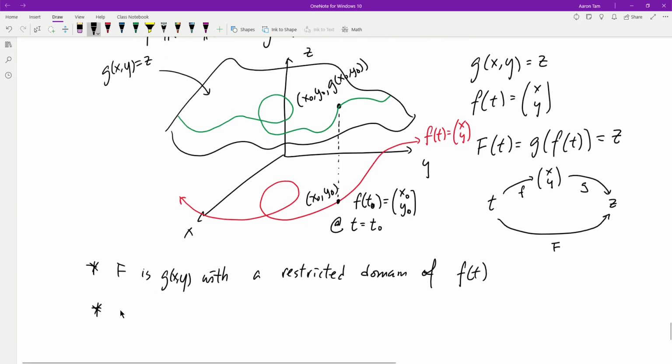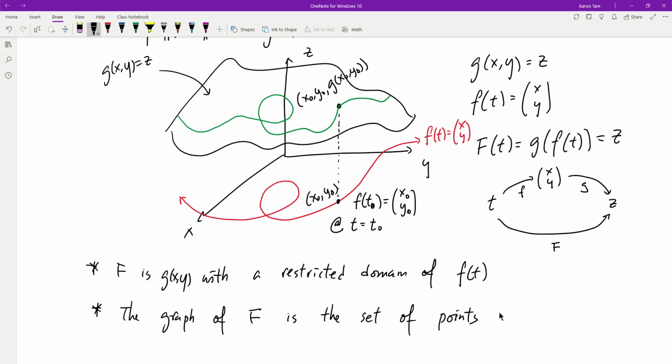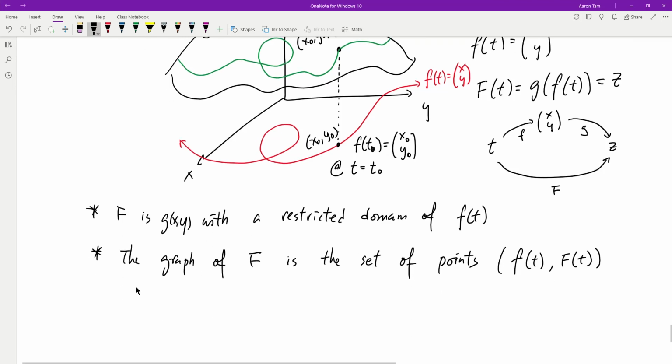Therefore, the graph of capital F is actually the set of points in this form, where f of t forms the input of g, which would be a vector, and then we add on the extra output of F. And what does this graph of F do?